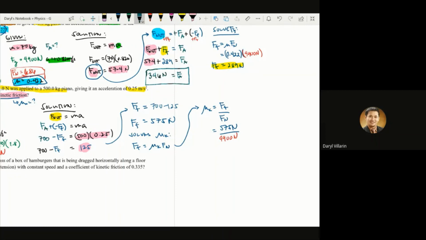If you can see, I can cancel out the newton, so mu essentially is just a pure number. It gives you 0.12. That should be your coefficient of kinetic friction.